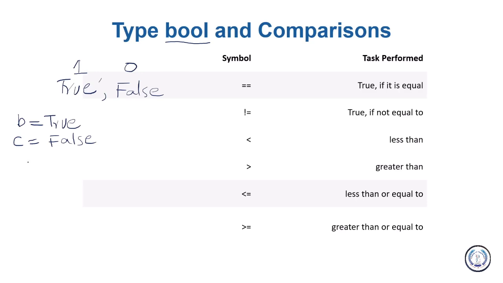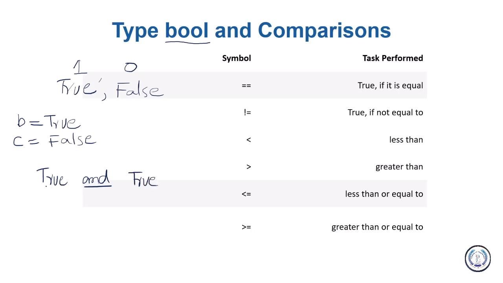One thing that is important: there are other operations, other than the arithmetic operators that we saw, like adding, subtraction, division, and so on. There are other operators that we can apply on the bool data type. For example, True and True. and is a keyword, combining True and True.